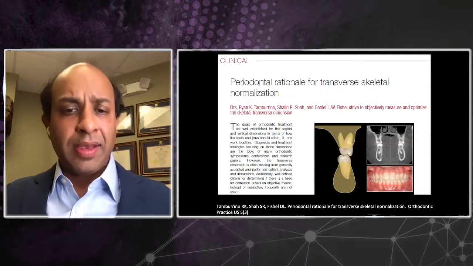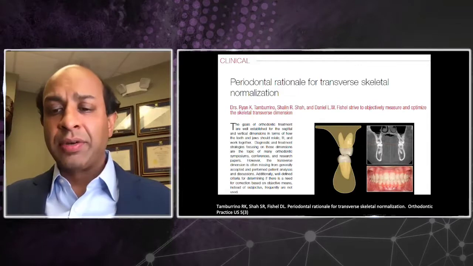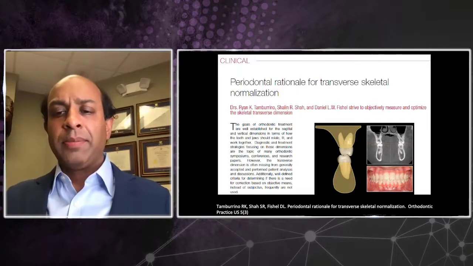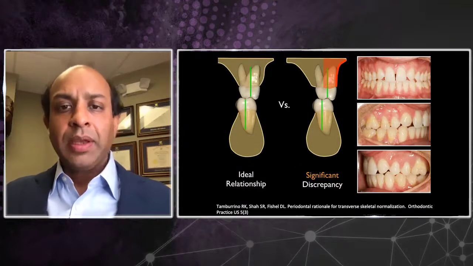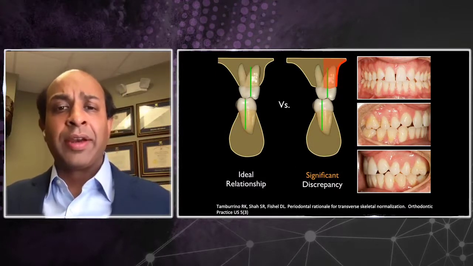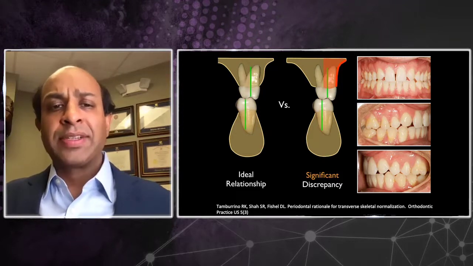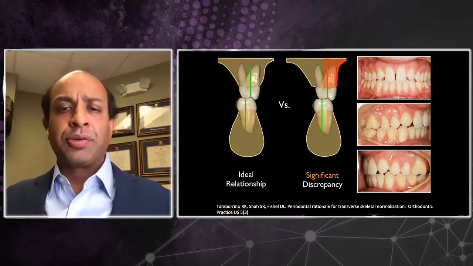And what we began to understand through careful diagnostics is that her skeletal transverse relationship between the maxilla and the mandible was non-ideal. As a result, what we see in that red area was that the upper maxillary molar was pushed too facially against the facial cortical plate.